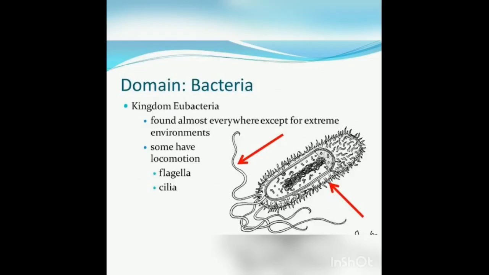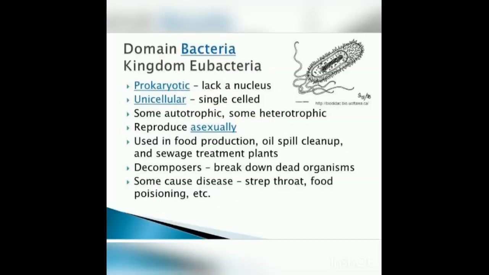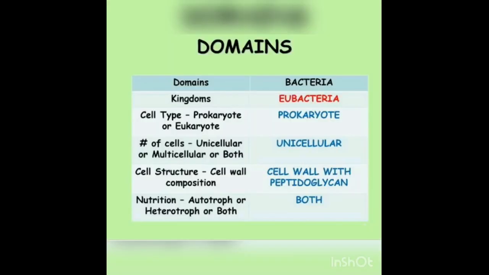The second domain is the domain bacteria. Bacteria are prokaryotic. Their cell has no definite nucleus and DNA exists as a circular chromosome. They do not have a well-defined nucleus, so the chromosome exists in a circular form. And they do not have any histones.